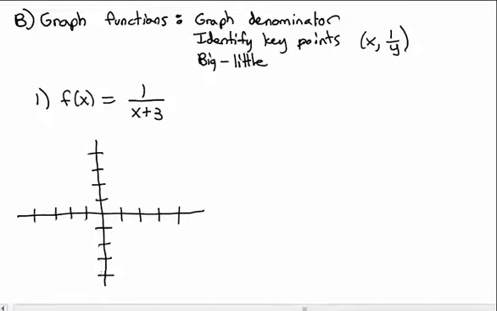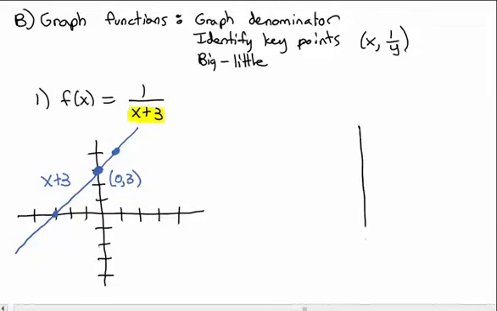If we look just at the denominator, x plus 3, we would know that has a y-intercept of 3 and a slope of rise 1, run 1. So it should look something like this for our graph. The key point on this graph really is the (0, 3), that y-intercept. Let's label this: that is the graph of x plus 3.